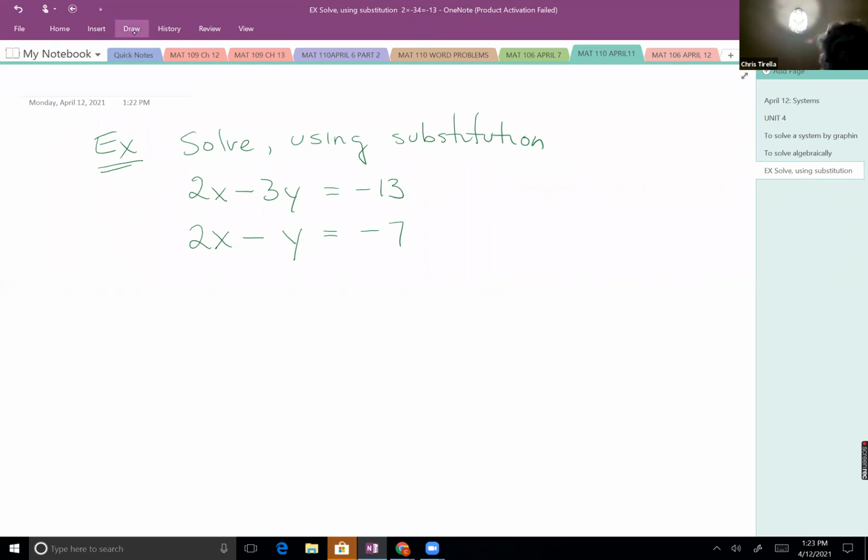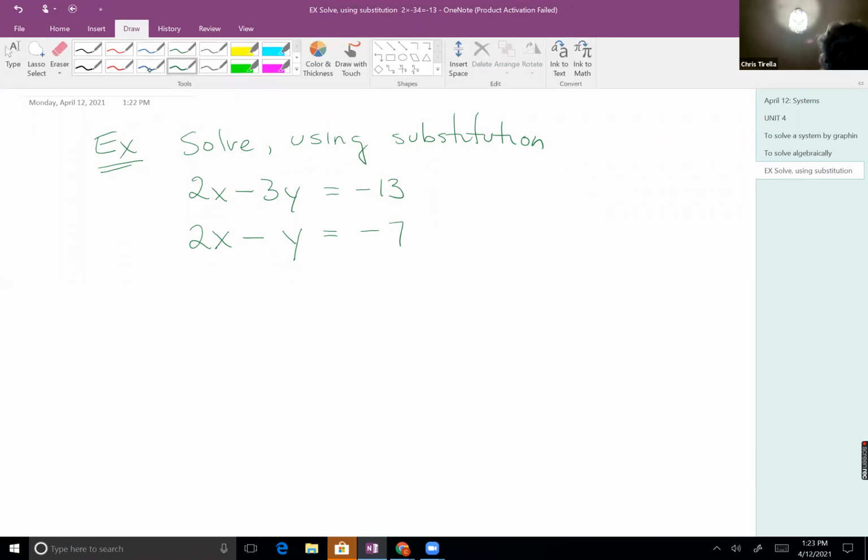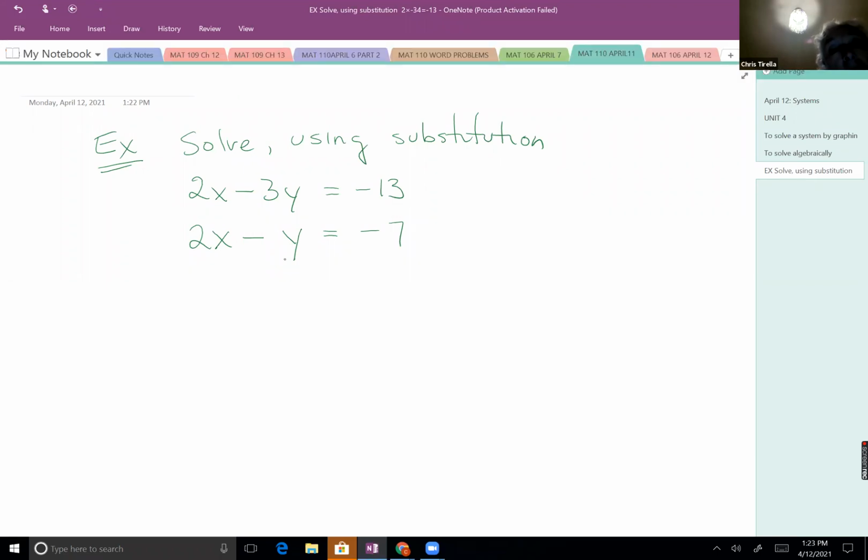And again, if I'm using substitution, I like to try to solve for the variable with a coefficient of 1 if one exists. So over here, I'm going to solve this equation for y. So I have 2x minus y equals -7.